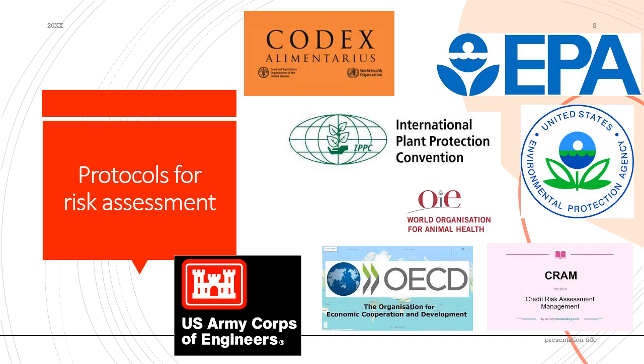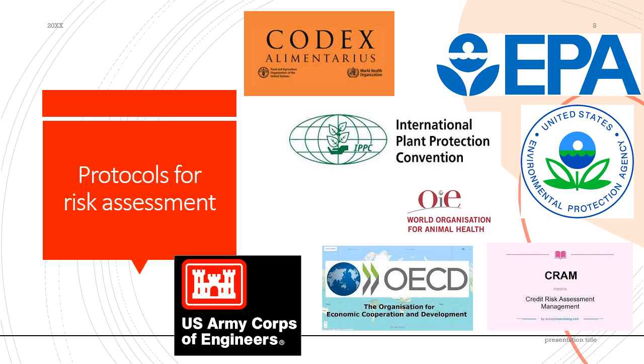What are the standard protocols for risk assessment? For example, for food safety only, there are the Codex, the U.S. Environmental Protection Agency or US EPA, the International Plant Protection Convention, OECD, and the World Organisation for Animal Health.